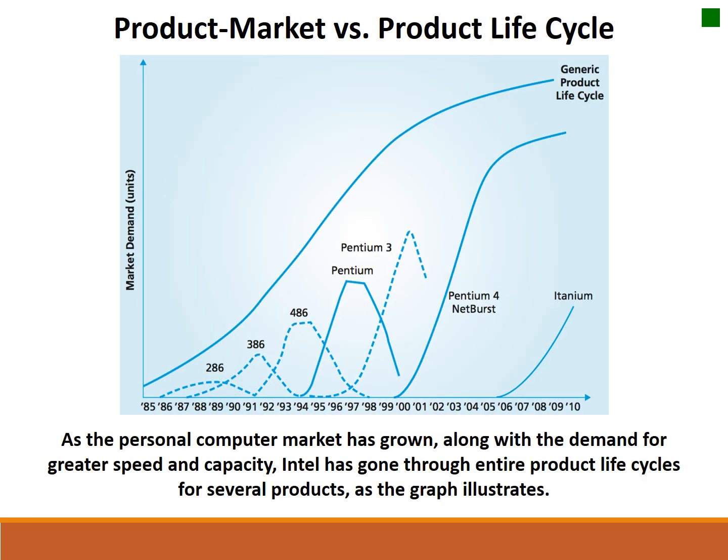Here's a great example, again, from the computer industry, where we have individual products that are being launched because technology allowed different sizes of processors. As each processor became more and more sophisticated, it introduced more capabilities and more consumers to the overall buying market.